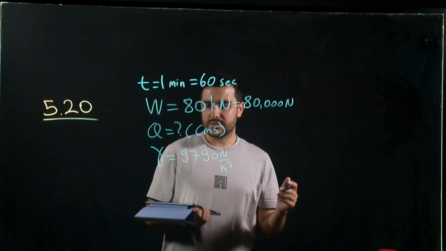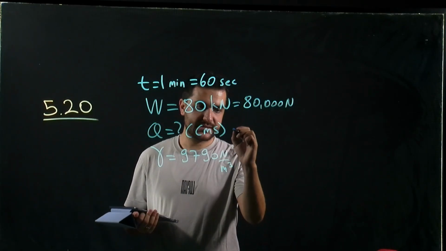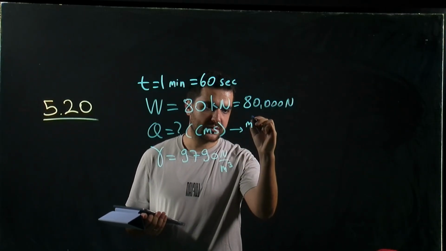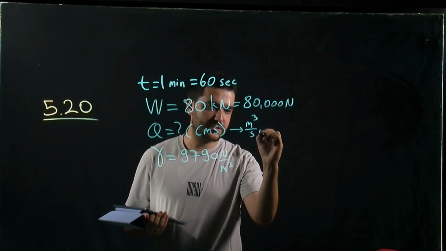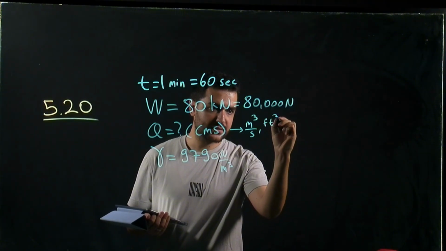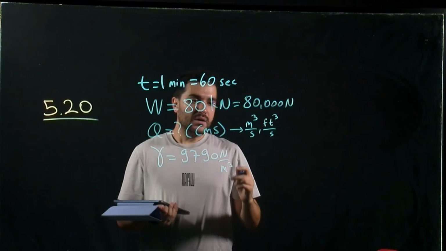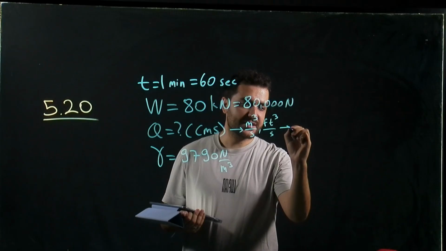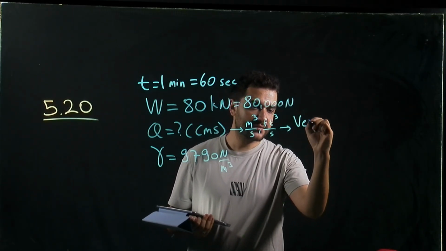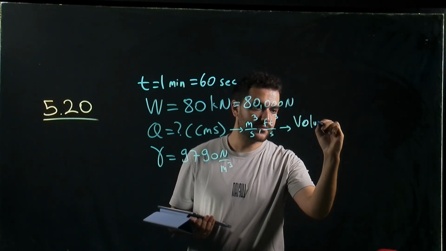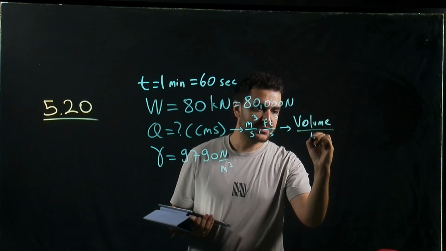Okay, so as we know, flow rate is usually given in cubic meter per second or cubic feet per second. So this means this is actually volume over time.